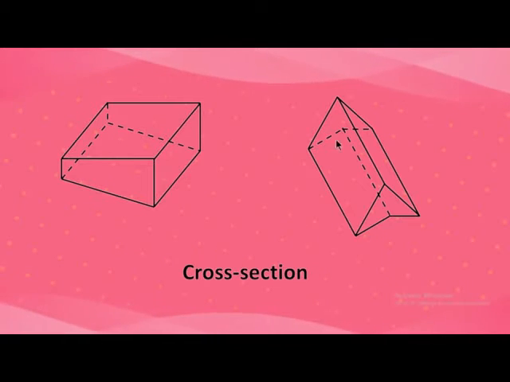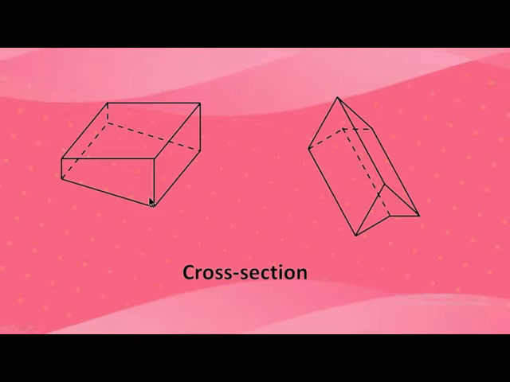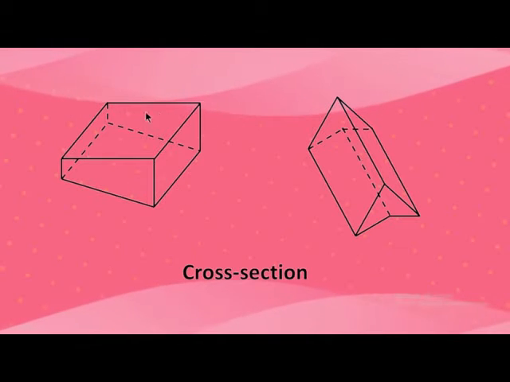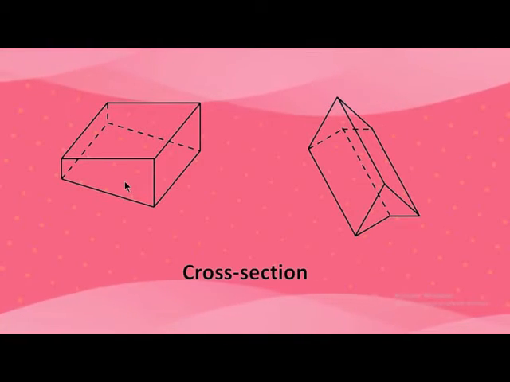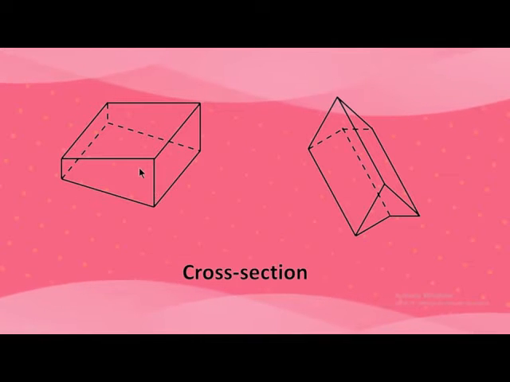Now I want you to look at these prisms. Let's discuss this first. Now we are going to identify which sides are the cross-section of this prism. Remember, the cross-sections are the sides that have the same size, or congruent, and also parallel.